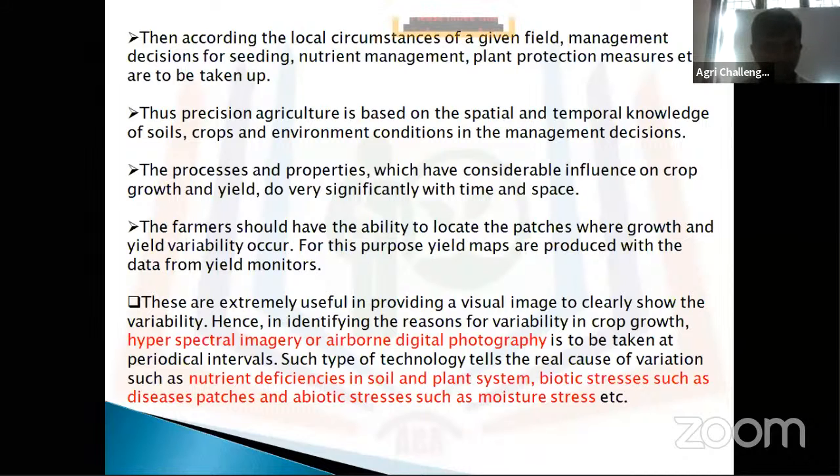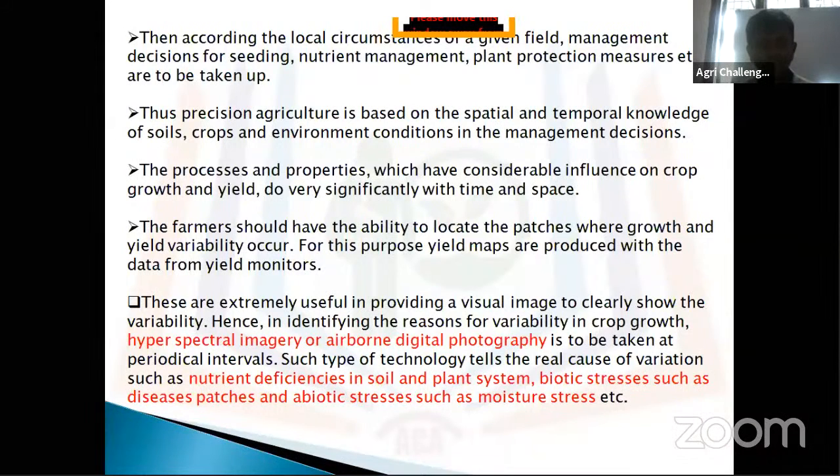Then the farmer should have the ability to locate the patches where growth and yield variability occurs. What does the farmer have to do? The farmer should have the ability.